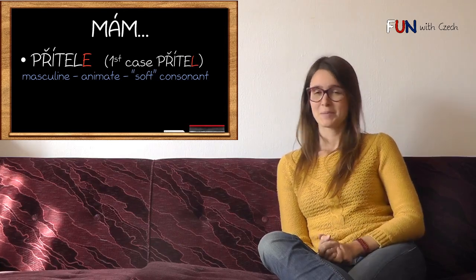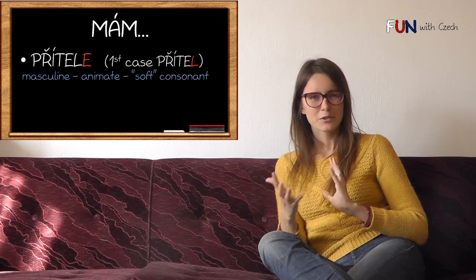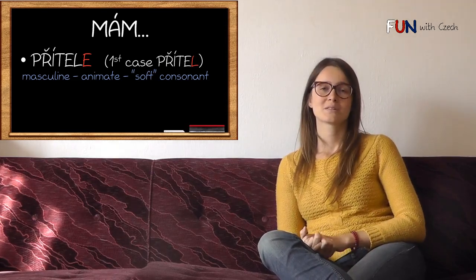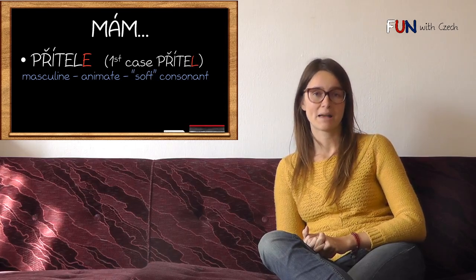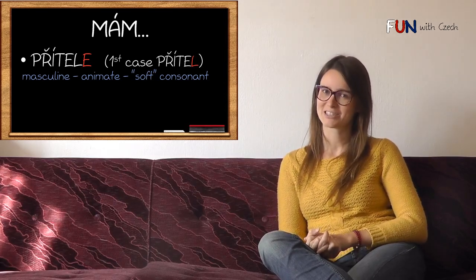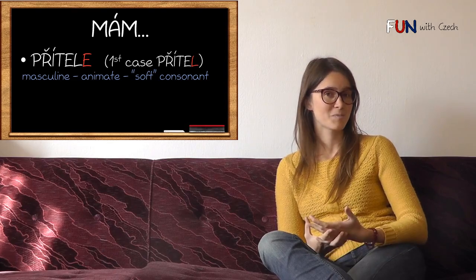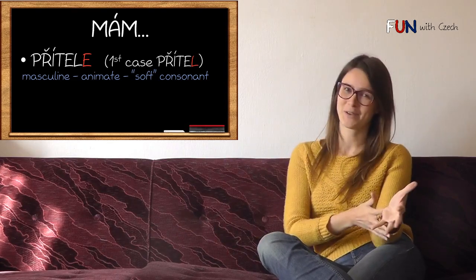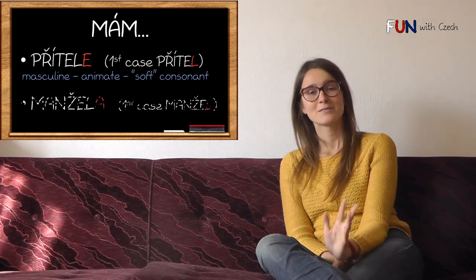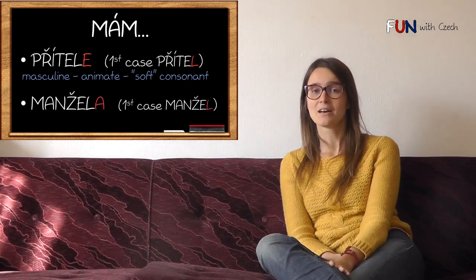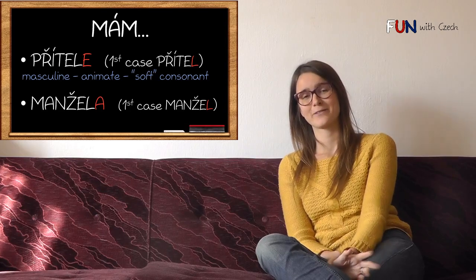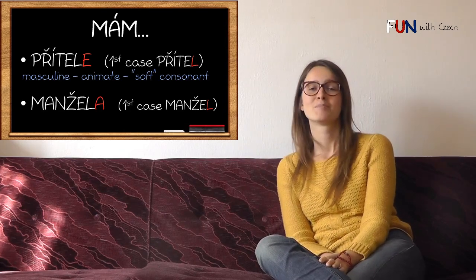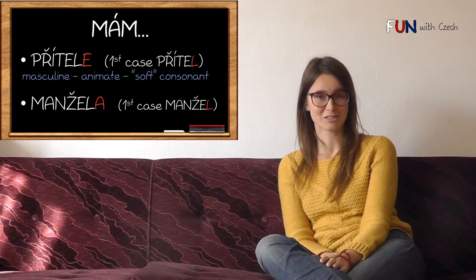However, now that I think about it, this little thing is not something that we can really rely on. Because if we have a look at the word manžel, which is a husband, so that's what the word přítel turns into if you get married. And manžel, even though it also ends with an l, in the fourth case is actually gonna be manžela.